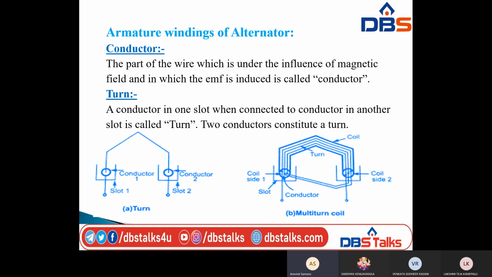A conductor in one slot, when connected to a conductor in another slot, is called a turn. If you observe this diagram, this is a turn. It consists of two slots, slot 1 and slot 2, and conductor 1 and conductor 2.